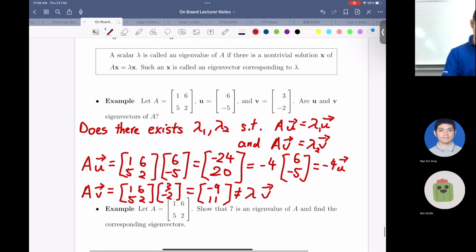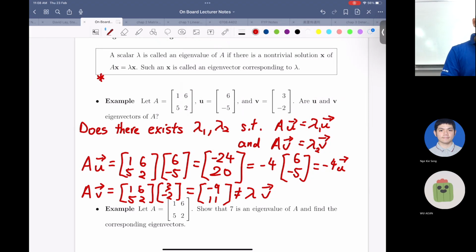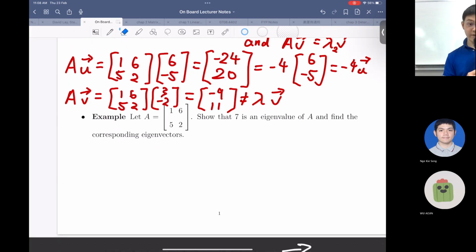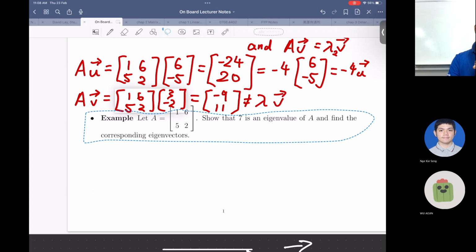I need to add something to this definition actually. What's an eigenvalue? What does it mean for the scalar 7 to be an eigenvalue of A?